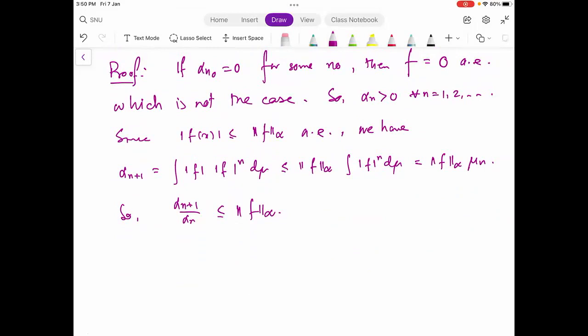So start with an epsilon, for any epsilon positive and obviously less than norm f. The set F, which depends on epsilon, maybe I write F suffix epsilon now and might drop the epsilon subsequently if it becomes too cumbersome.